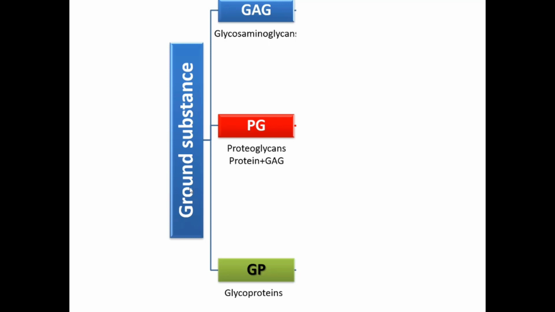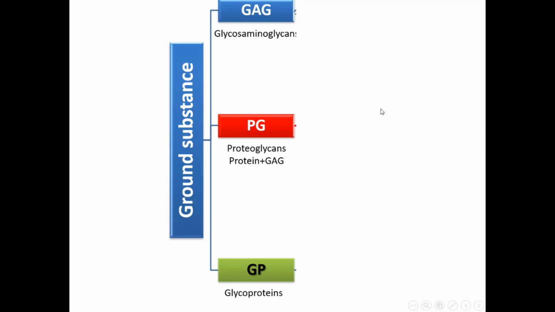It has three major macromolecules: GAGs, an acronym for glycosaminoglycans, proteoglycans or PG, and GP for glycoproteins. These are the components of ground substance.